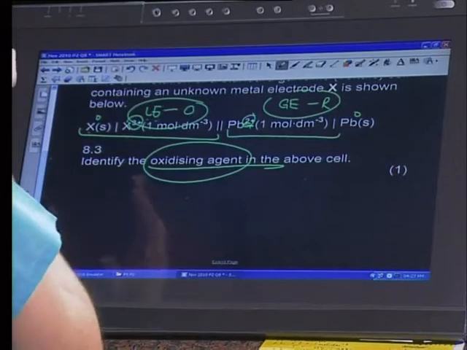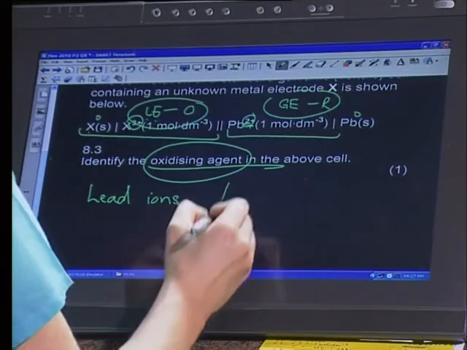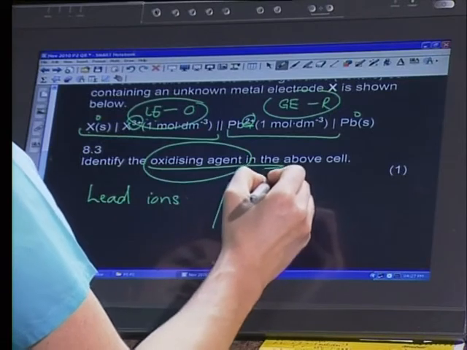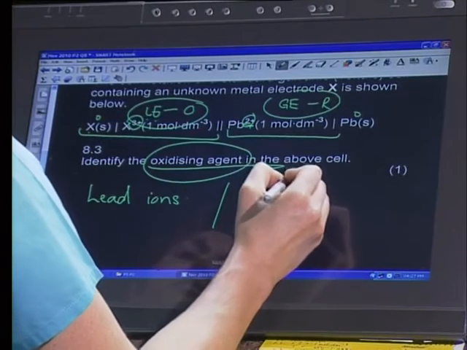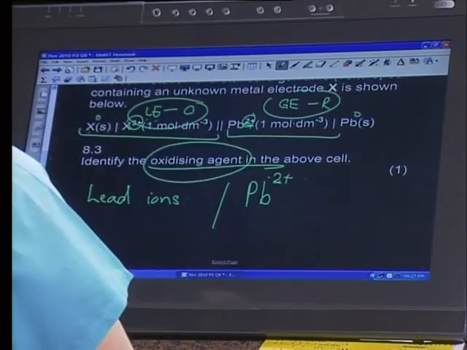Remember what I said, the oxidizing agent would be the one that undergoes reduction. And the one that undergoes reduction in this case would be the lead ions. So your answer over here would be the lead ions, or we would also accept it if you just tell us that it's Pb2+ as your lead ion over there. Any one of those two is acceptable.